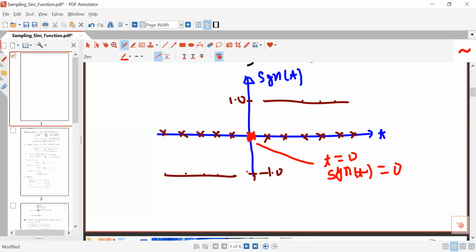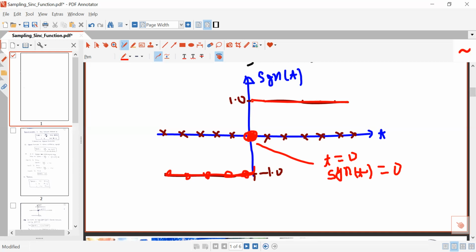So when you will connect all of these points, you will get plot like this. But you must remember, these are the magnitude of signum function. But at t equal to 0, the magnitude is 0.